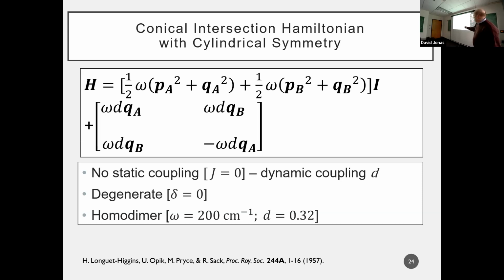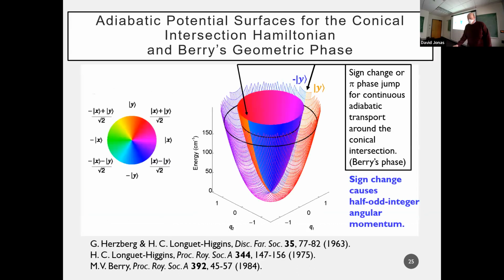The states are exactly degenerate, right? But they are affected in the opposite way by excitation of one vibration. And the coupling is dynamic, not static. It's now a vibration that's causing the coupling. All right. So this is the prototype conical intersection Hamiltonian.